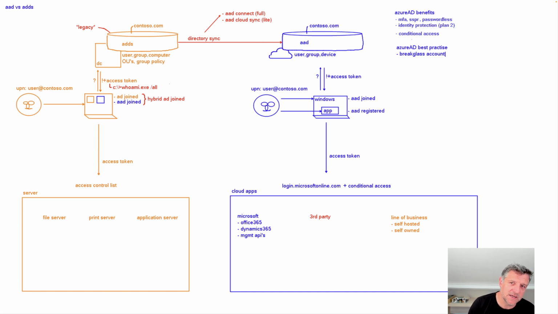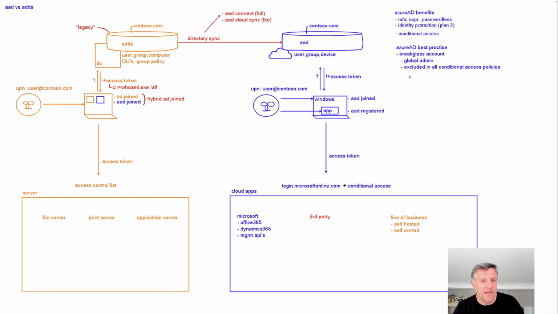A break glass account is an account that is a global admin. That is what you need. The break glass account should be excluded in all conditional access policies, because the break glass account is here for allowing us in if we have locked ourselves out.